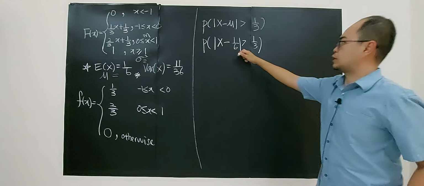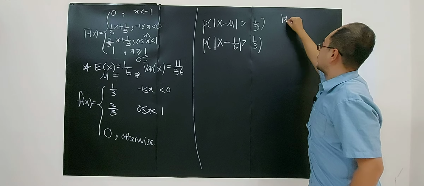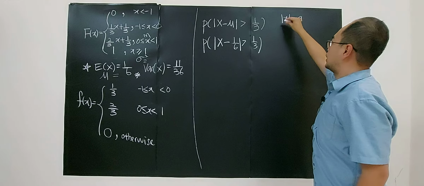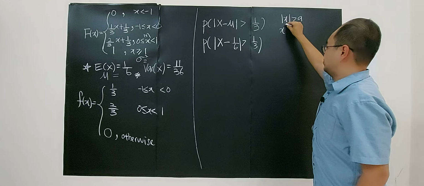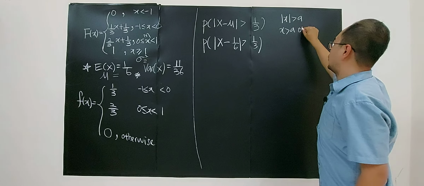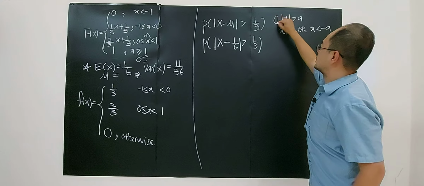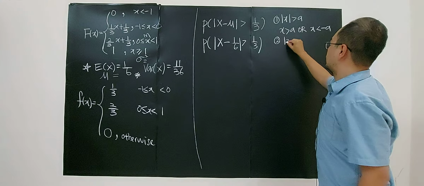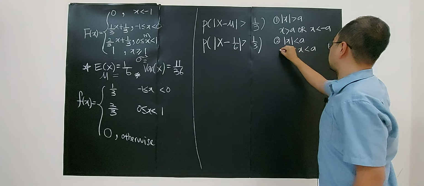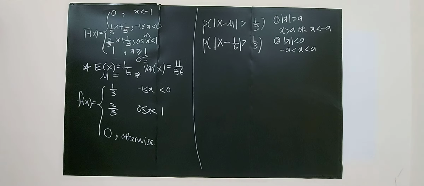So this is the knowledge for the inequality, right? Where if you have the modulus greater than A, after solving the quadratic here, you get x greater than A or x less than negative A, right? Whereas for the second formula, if the modulus is less than A, it will be x between A and negative A, right? Okay, now we look at this greater than 1 over 3.